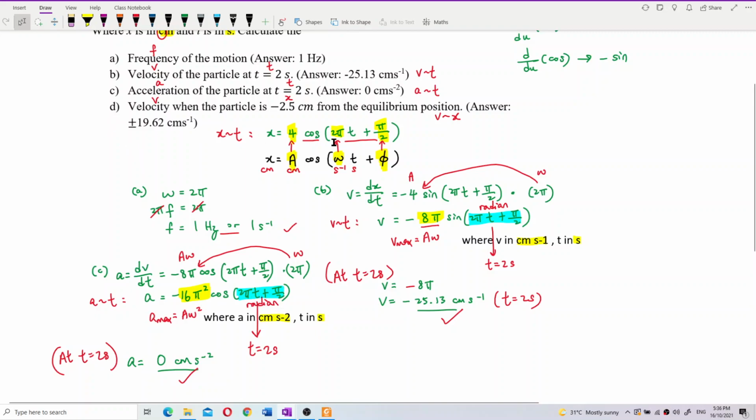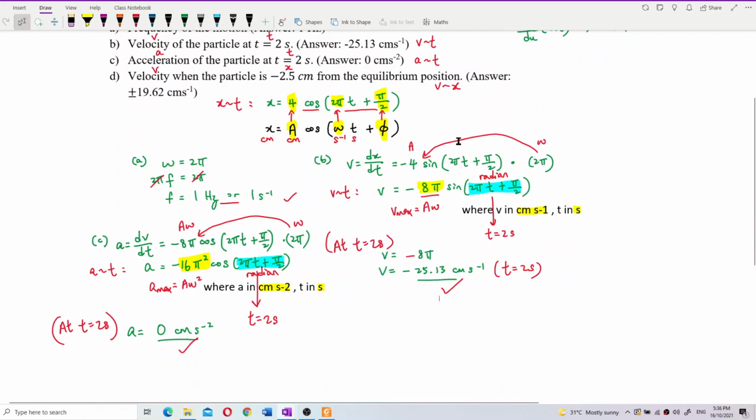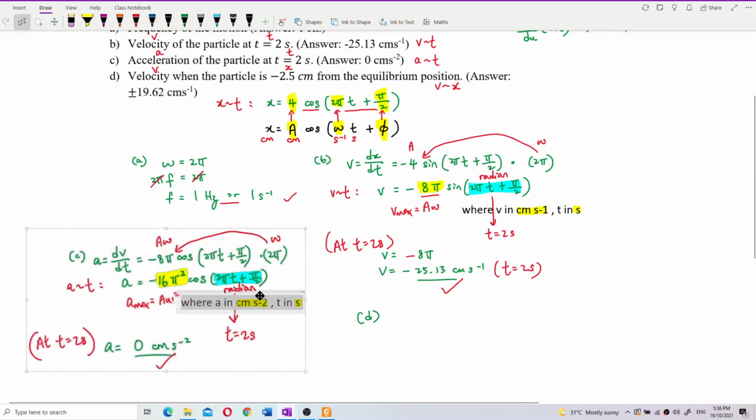Now, I want to do question D. This is question C just now. Now question D. What is the velocity at this displacement? Now I give you displacement to find velocity.